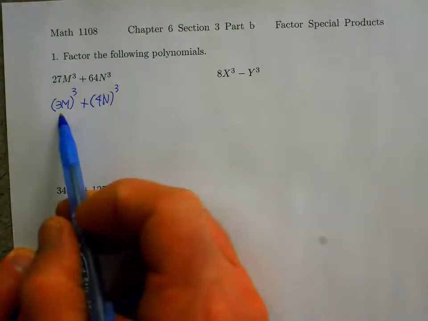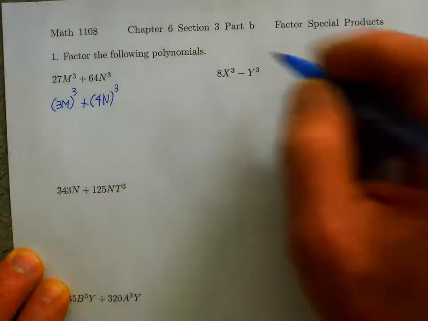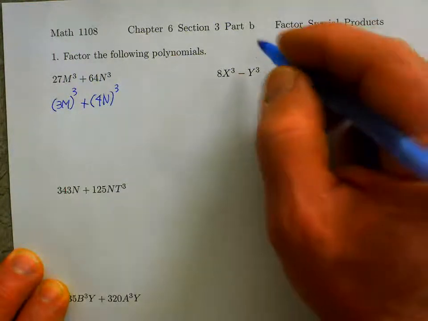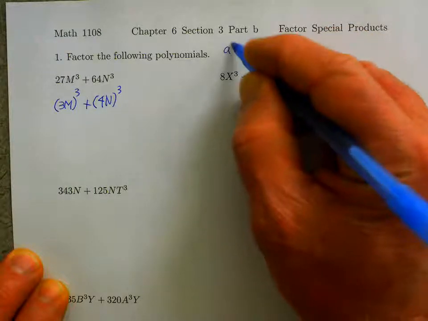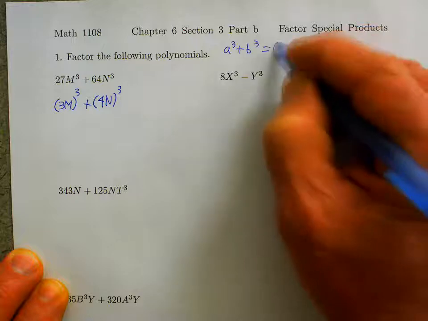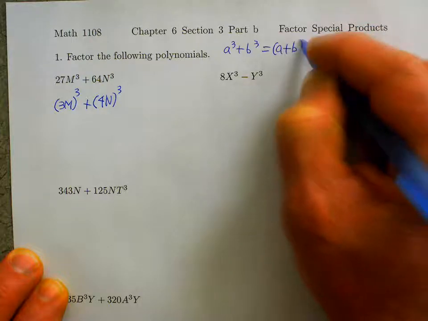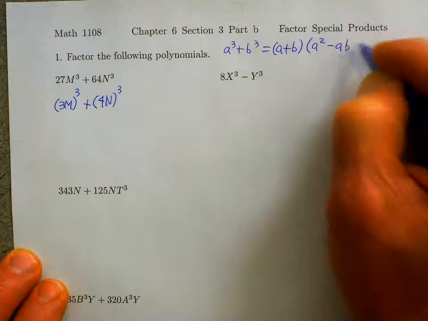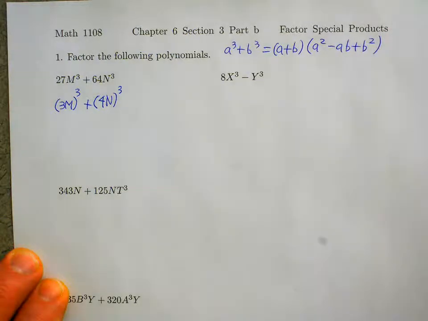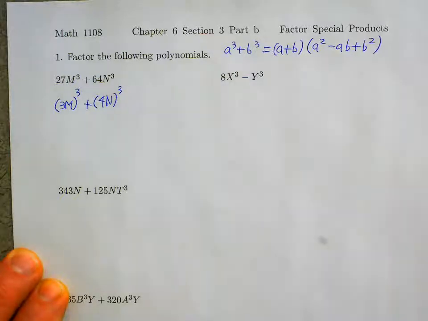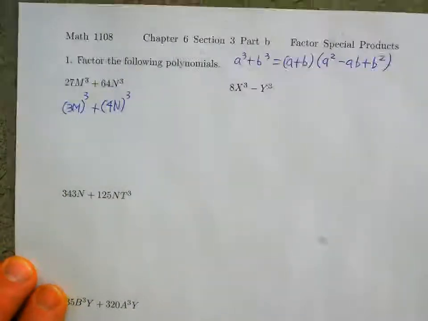So if you remember, I can write the formula up here to remind you, a to the third plus b to the third. The binomial factor is a plus b. The trinomial factor is a to the second minus ab plus b to the second. One way to help memorize formulas is by writing them down.